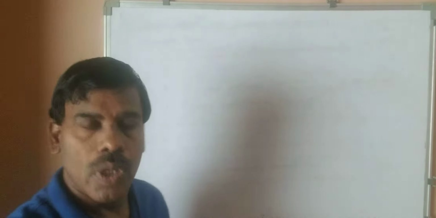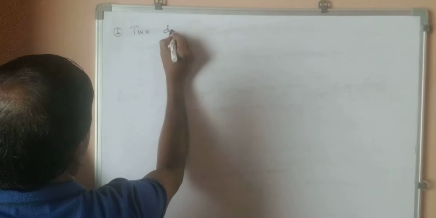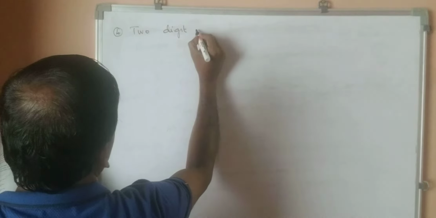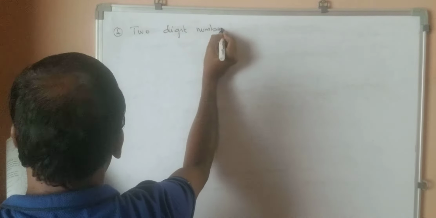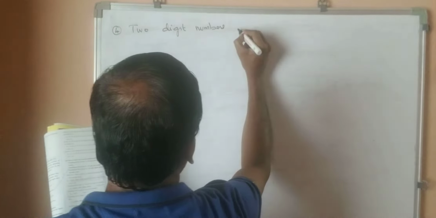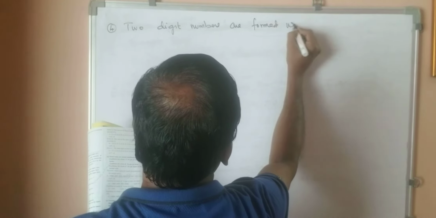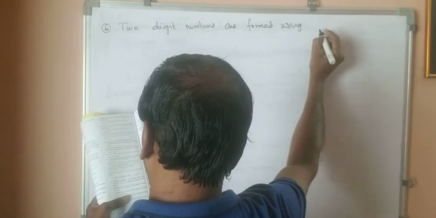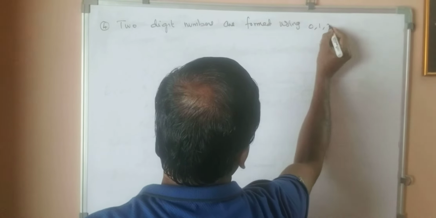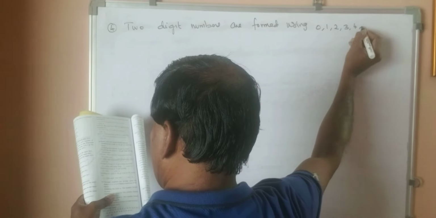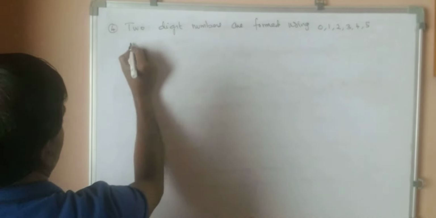Okay. Now third one we are going to see. 2-digit numbers are formed using 0, 1, 2, 3, 4, 5 without repetition.